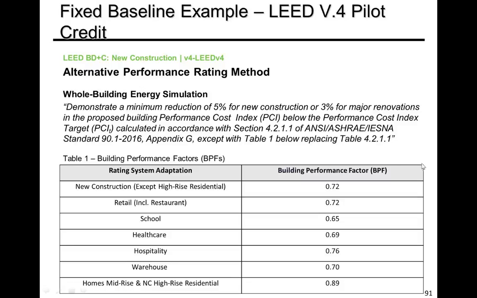So you can see one thing that's a little bit different between what LEED did and what 90.1 did: in Standard 90.1, as you remember, we created building performance factors by building type and climate zone. In LEED, they looked at the data and decided that they only needed to create it by building type, so there is only a single building performance factor for each building type, not one specific for each climate zone.